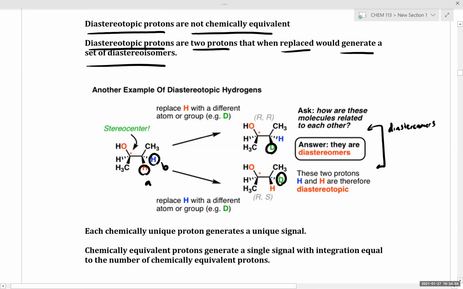Does everyone see how these two test compounds are diastereomeric? They're different at one or more, but not all of our stereocenters. So remember, diastereomers have a different configuration at one or more, but not all.